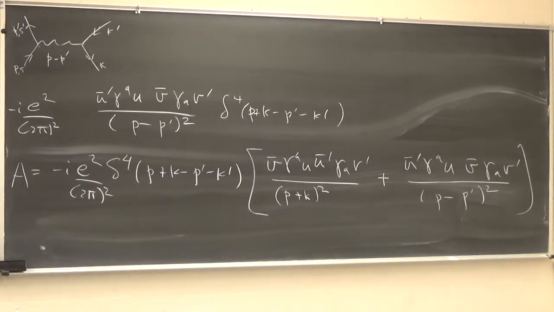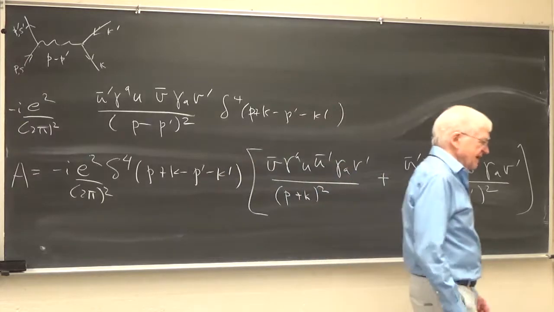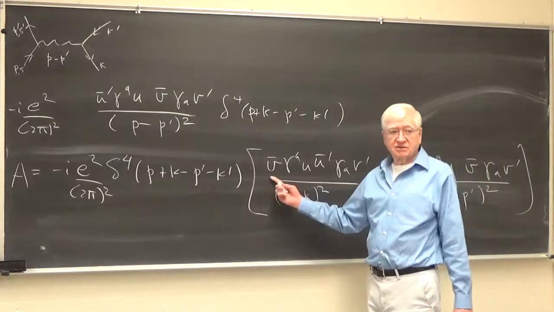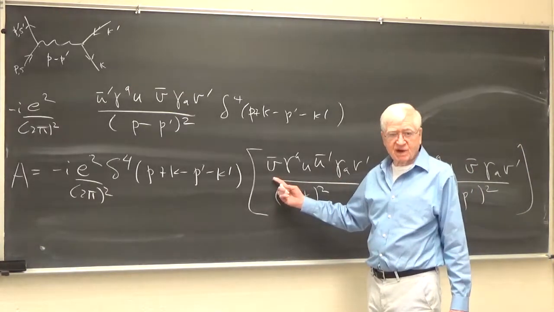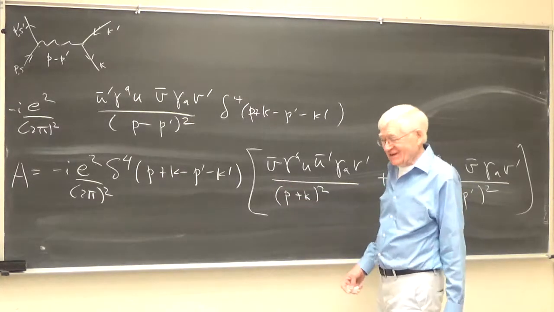Now, suppose we wanted to get a cross-section. Remember, these are 4-component spinors, which Weinberg actually did correctly.